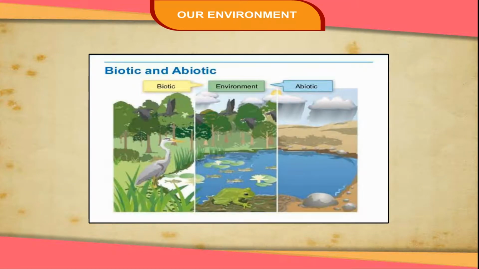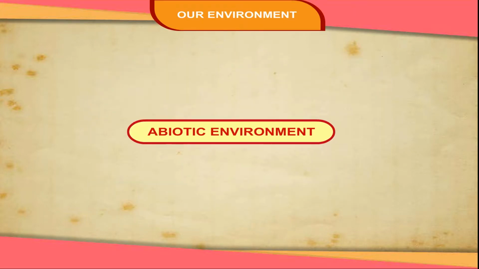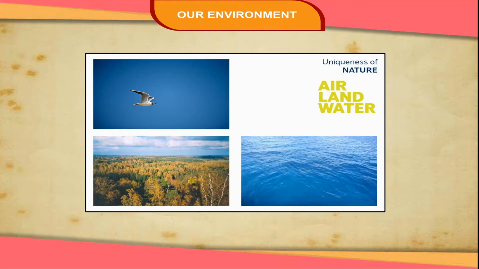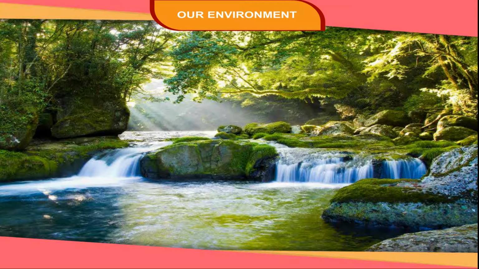They can be grouped into two major categories, abiotic and biotic environment. Abiotic environment. It is also known as the physical environment as it comprises land, water, and air. A change in the physical environment brings about a change in the biotic environment.